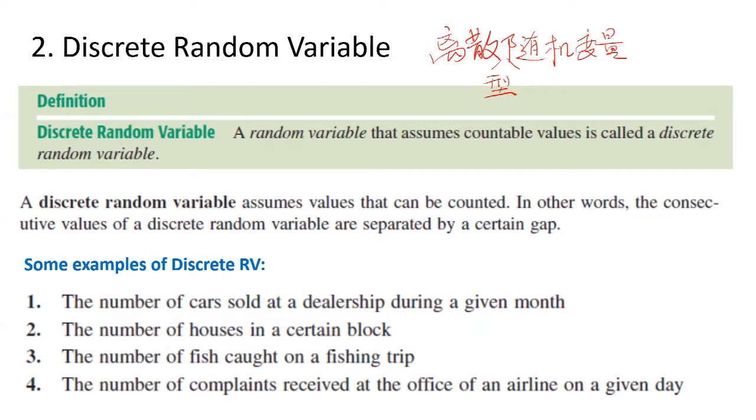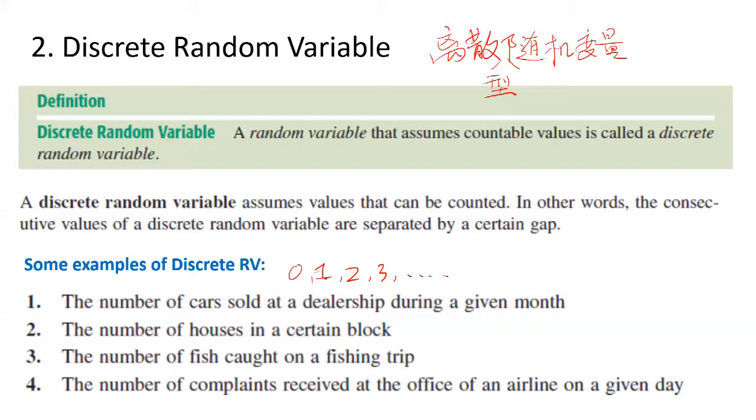Okay, for example, the number of cars sold at a dealership during a given month is a discrete RV, right? Because it can only have values of natural numbers, that is 0, 1, 2, 3, etc. Number 2, the number of houses in a certain block.